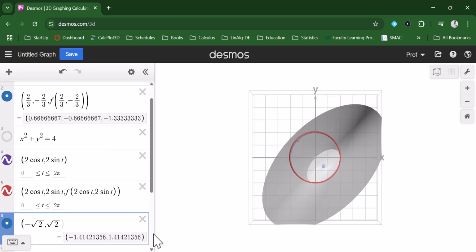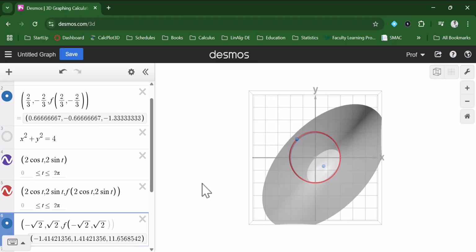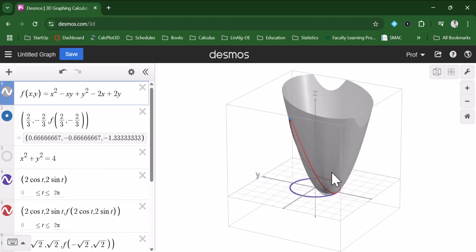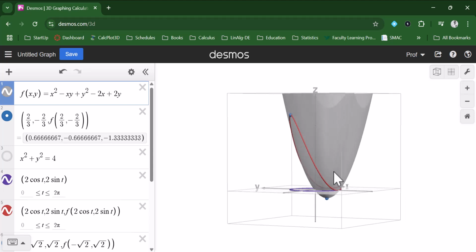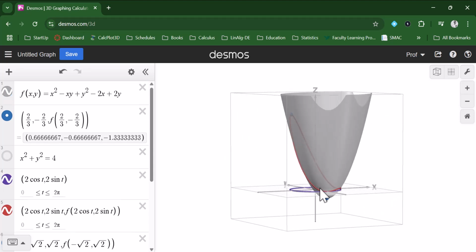And then the z value comes from putting these points into the function. So f of those things, which is that 11.656 point. And if we look at it from a 3-dimensional angle, we see that it is in fact the maximum value for that point.